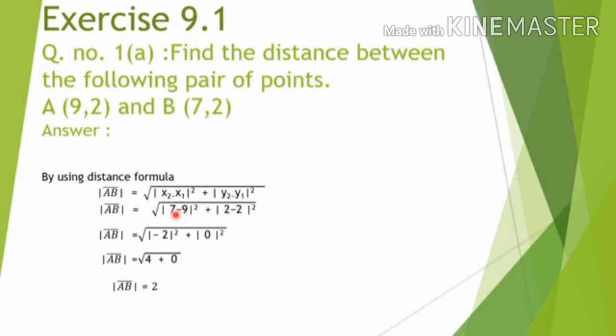Now if we simplify it, 7 minus 9 will give you minus 2 and 2 minus 2 will give you 0. If we solve it further, we will have 4 plus 0 under the square root, and the square root of 4 will give you 2. So students, this is very simple to find out the distance between the two given points.